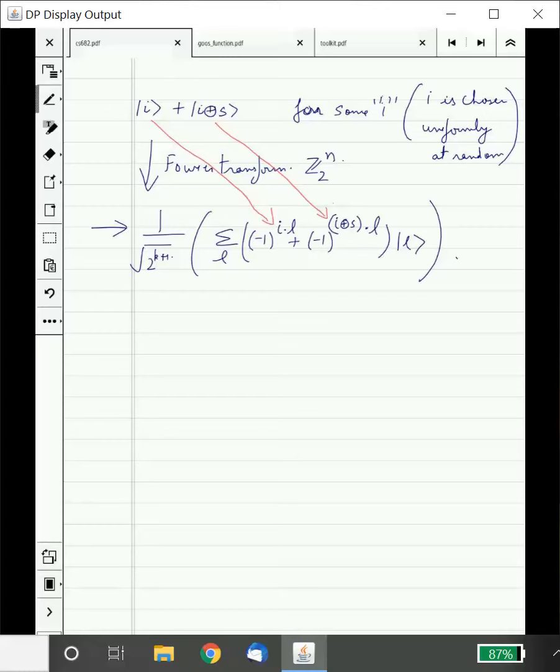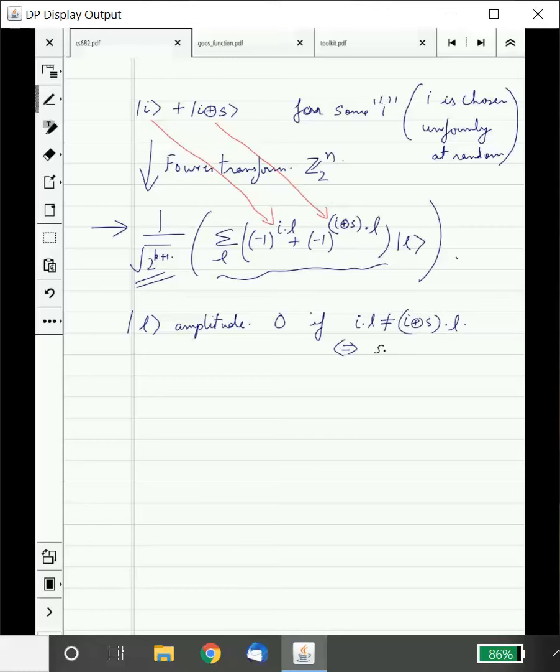Now, what are the amplitudes for state L? Notice that L amplitude has only two possibilities: either it is 0 or it is 2. I'm talking about this part, forget about the normalization. This amplitude is 0 if I dot L is not equal to I plus S dot L, which is equivalent to saying that S dot L is equal to 1.